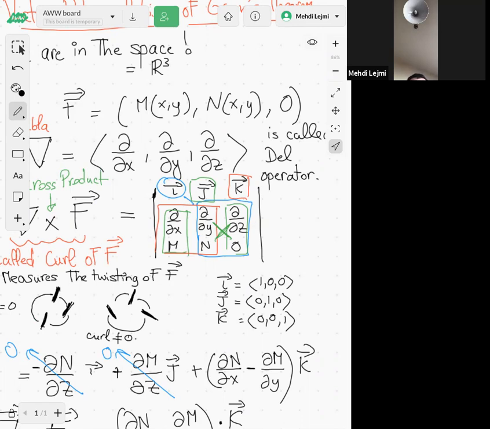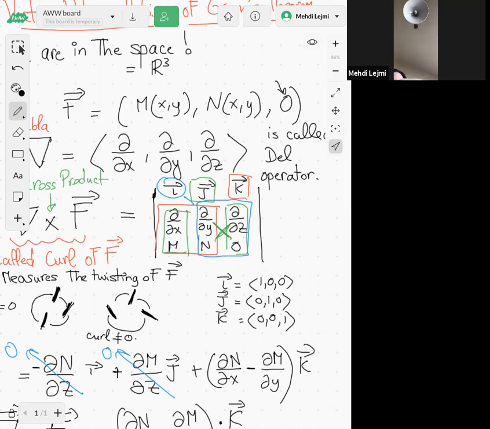Then your vector field F would have 3 components, let's say M, N, and L. In Green's theorem, your F has only 2 components, M and N, and the third component in the space would be just 0. But in Stokes' theorem, we're going to have 3 non-vanishing components.